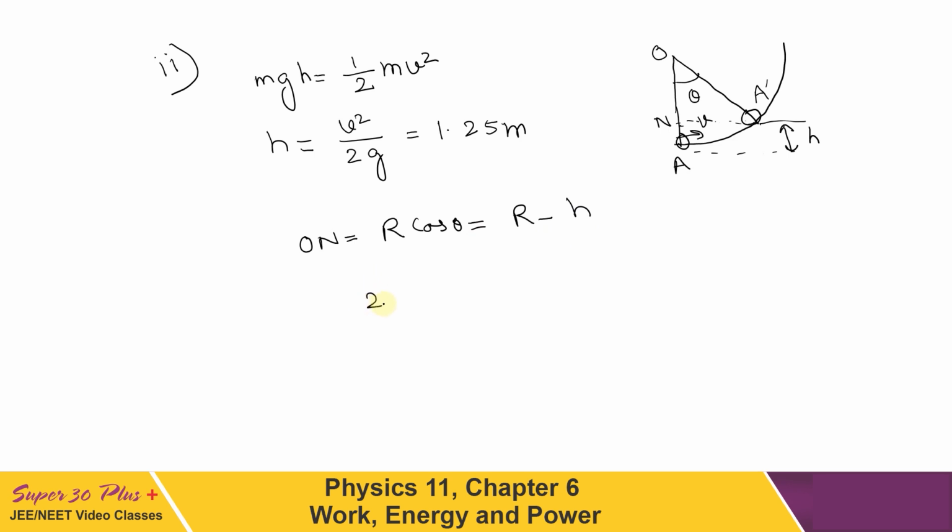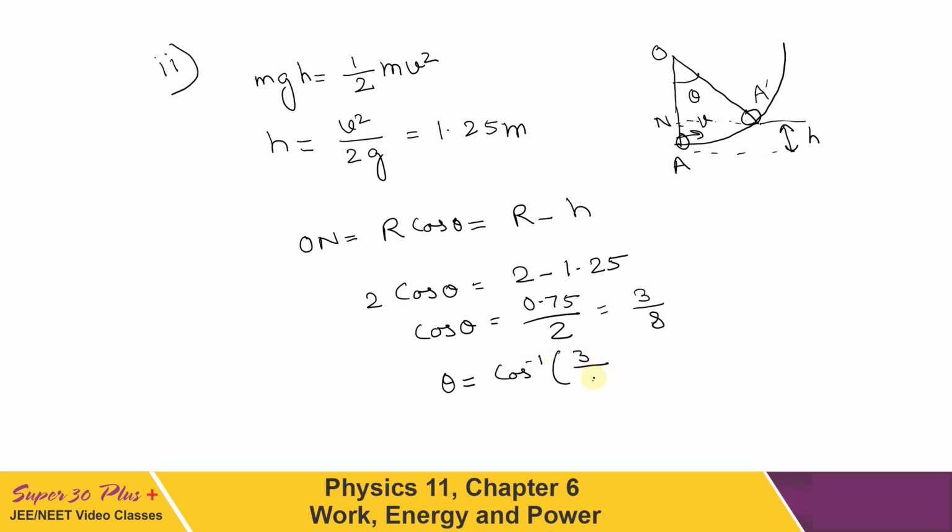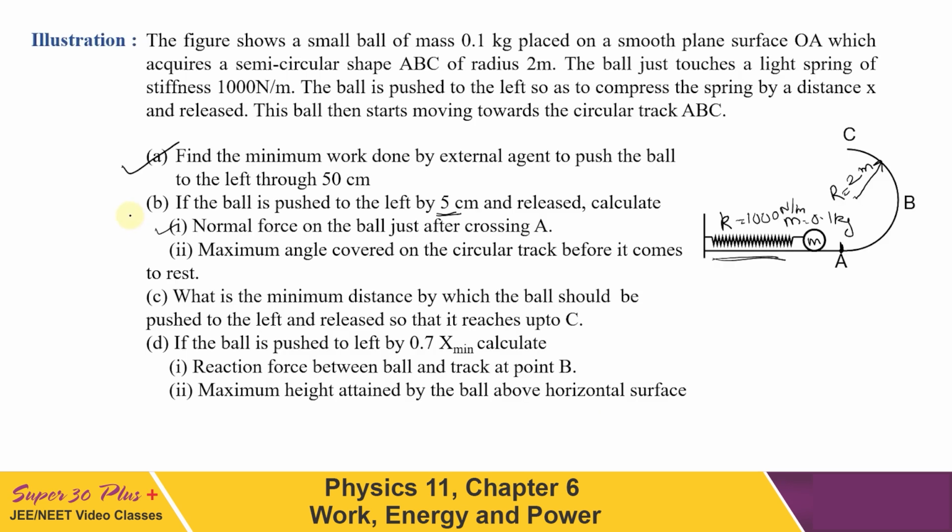So 2 cos theta is equal to 2 minus 1.25. That is cos theta is equal to 0.75 upon 2, which is 3 by 8. So this is the angle made with the vertical when it has speed 0. Theta has come equal to cos inverse 3 by 8. With this, the second part is also complete.